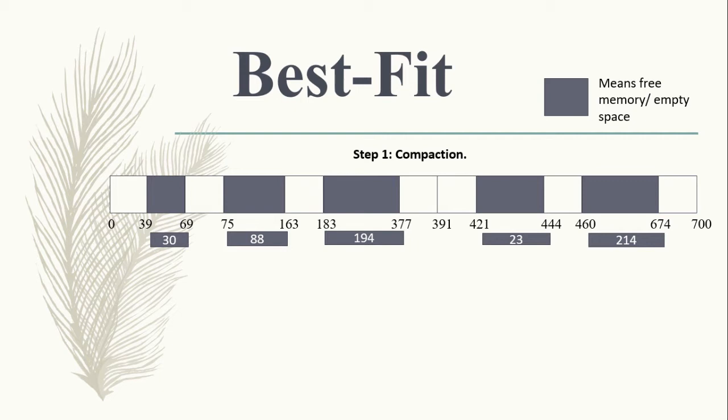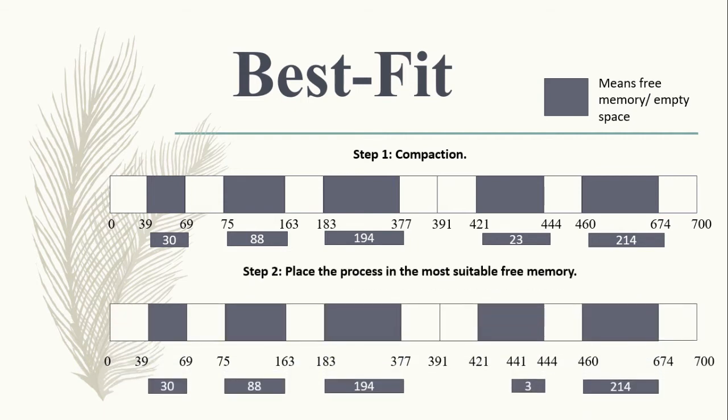Here is the first block that we combine, from 183 to 377. So the compaction will become 377 minus 183 is equal to 194. The second compaction is 674 minus 460 is equal to 214. So we have 5 holes here with the sizes of 30, 88, 194, 23, and 214.